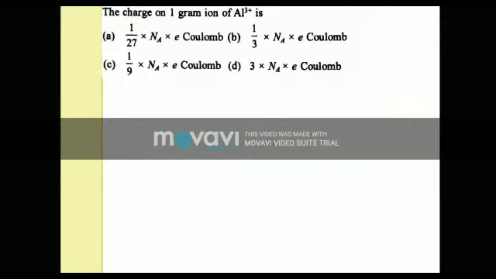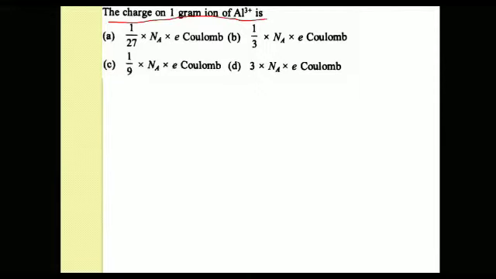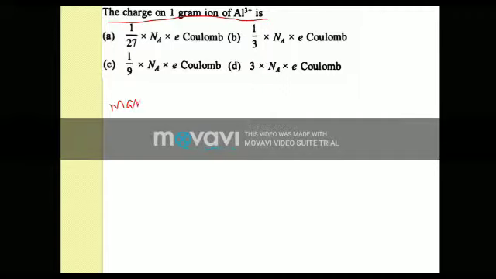Okay, so this is the last question we are going to solve here. See, the charge of 1 gram of aluminum. So we will see this formula. I think you all know this formula. First we will calculate the moles.